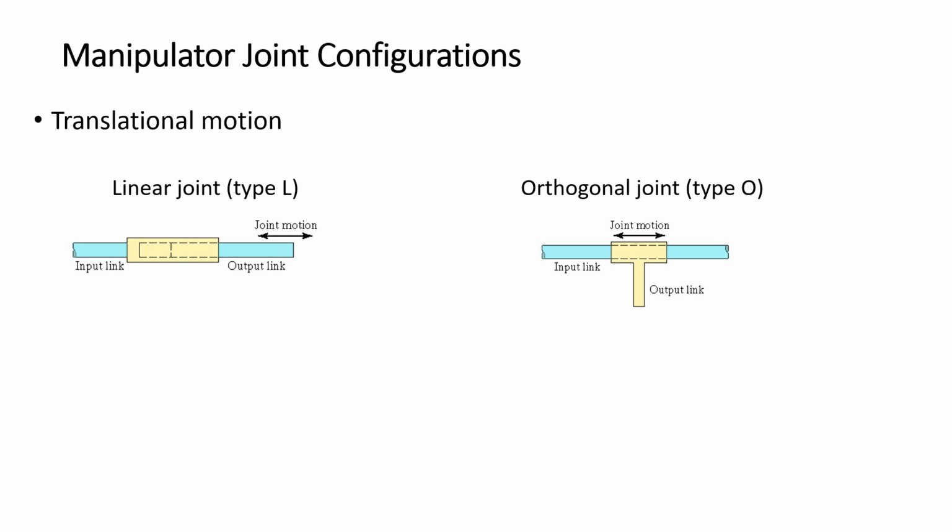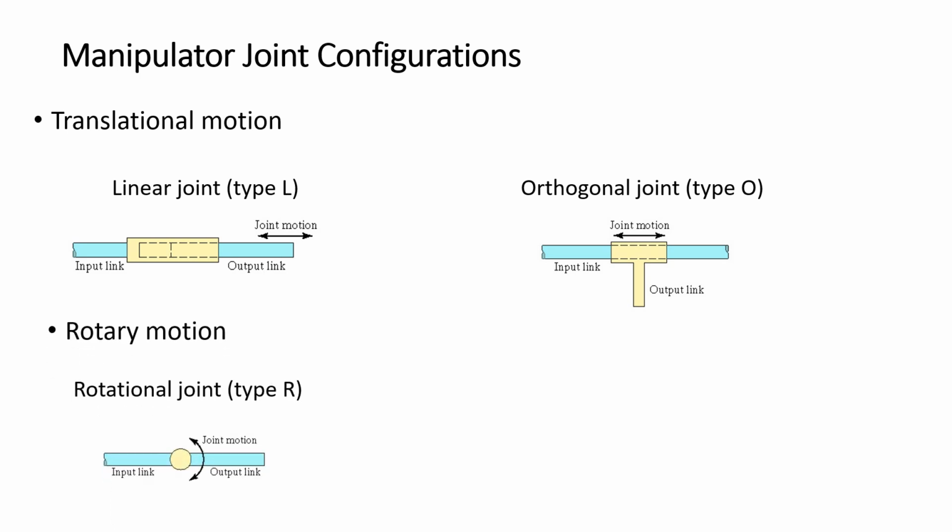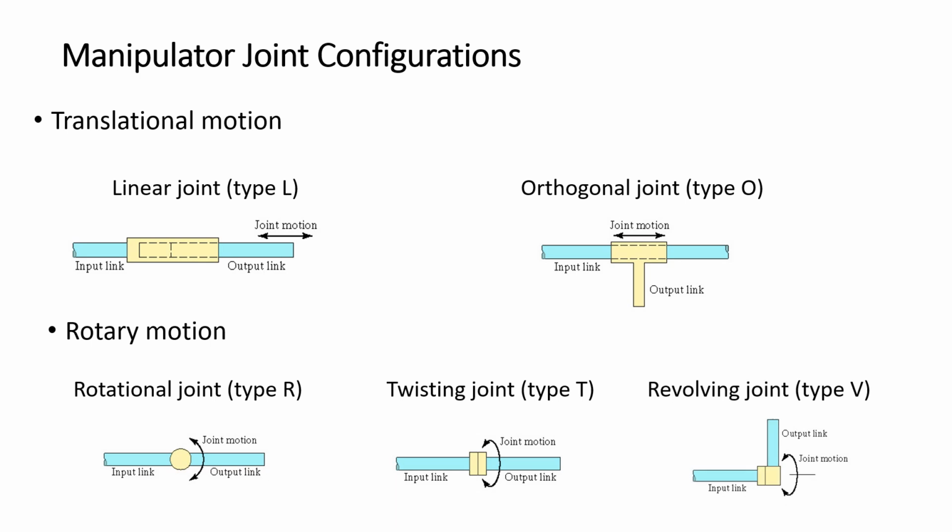Now let's check out the next, the rotary motion. In the rotary motion, we have the rotational joint denoted by R, then a twisting joint denoted by T, and then a revolving joint denoted by V. You can see the joint motions, the input link and output link, and how the joint moves. This can be explained very well in 3D.